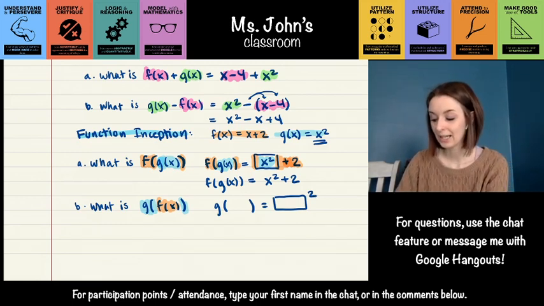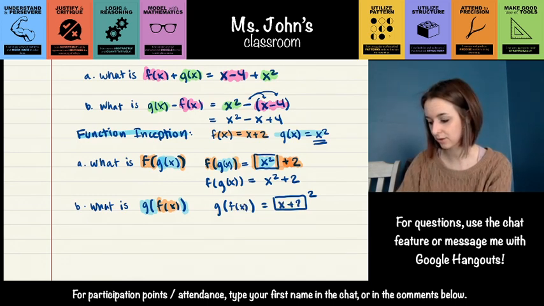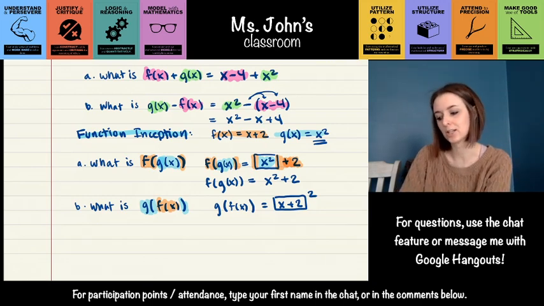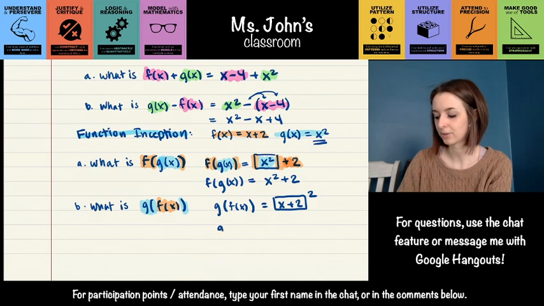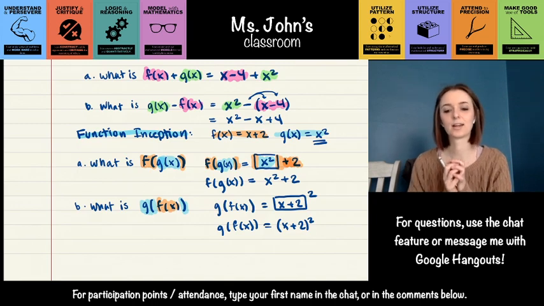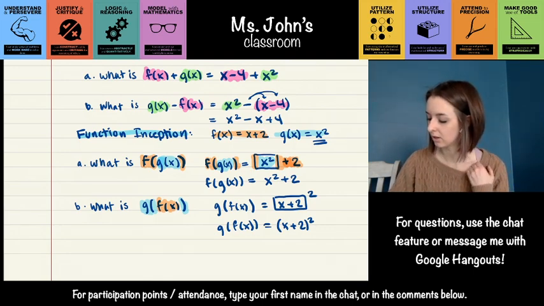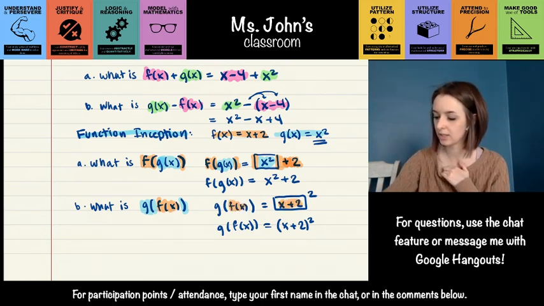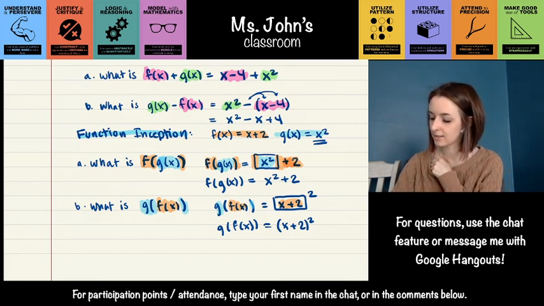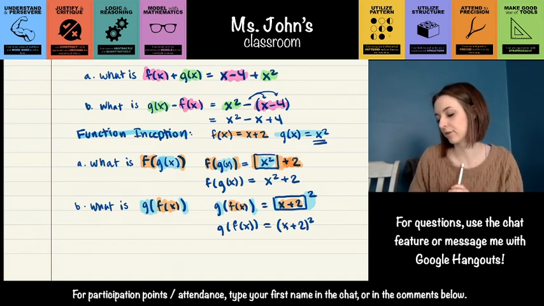So what we're plugging in is f of x, and f of x equals x plus 2, so I'm putting x plus 2 inside the function g of x. The finished product looks like f of g of f of x equals parentheses x plus 2 squared, because we replaced the x in g of x with the entire f of x function. Let's highlight. Okay, so f of x is this inside portion, and g of x is the outside portion. And we plugged x plus 2 into that function.